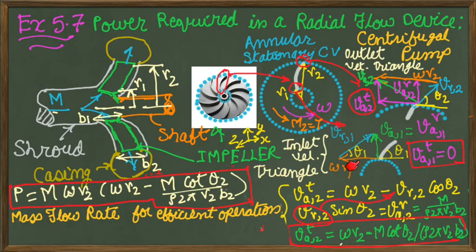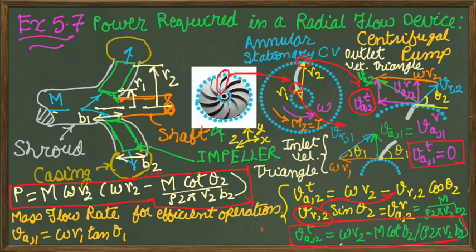As I mentioned, the radial component of the absolute velocity we can calculate from the mass flow rate. So we will correlate this VA1 with omega R1 using theta 1. Tan theta 1 will be equal to VA1 divided by omega R1. So VA1 will be equal to omega R1 into tan theta 1.